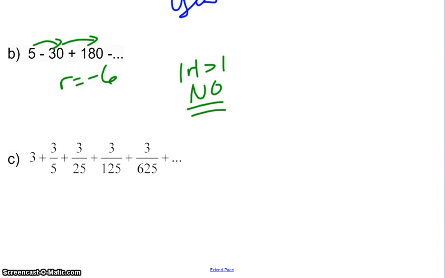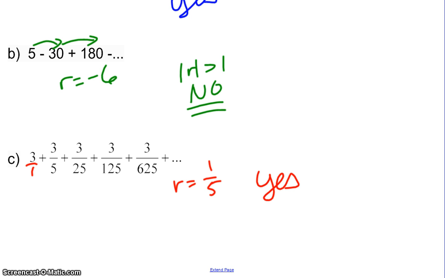And as we look at the last one, we again see that the denominators are the only numbers changing, and they are being multiplied by 5 every time, therefore our ratio is 1/5, which is less than 1, therefore it does have a sum.